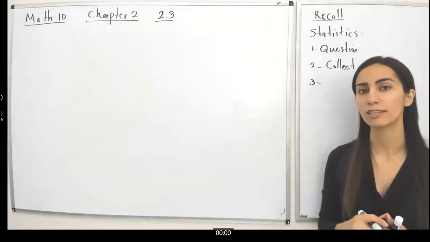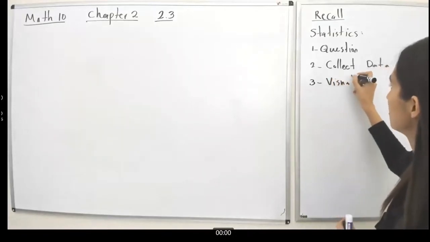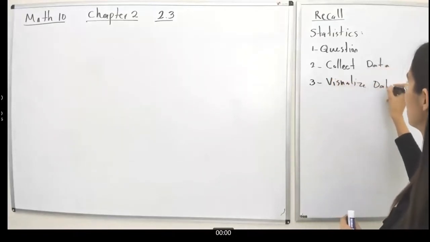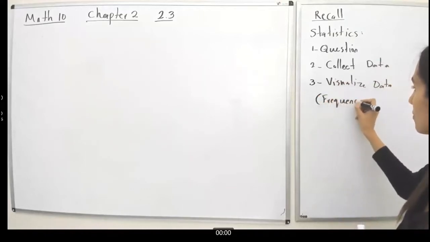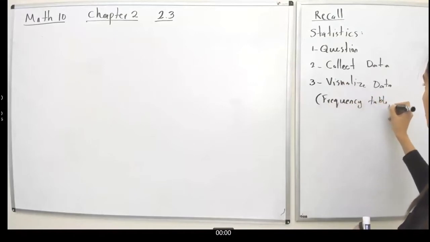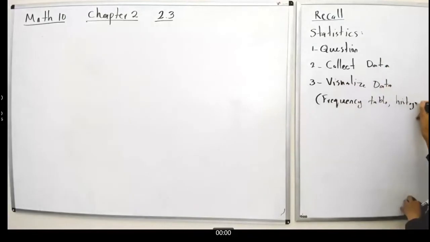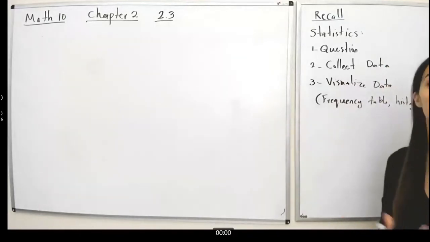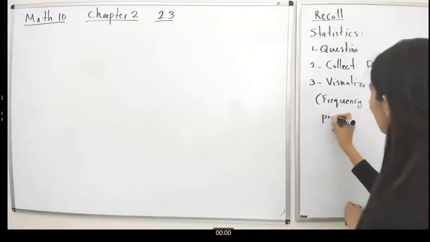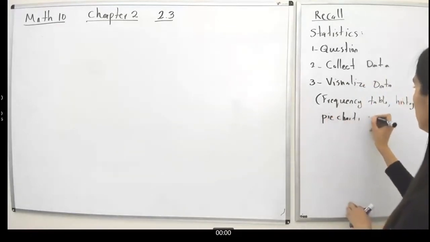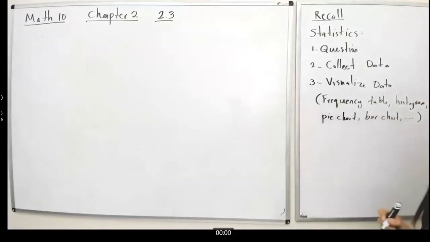How do we visualize the data? We can use a frequency table, a histogram, a pie chart, bar chart, dot plot, and so on.